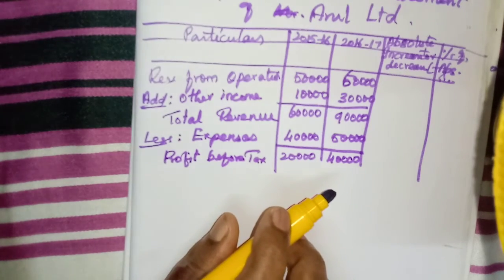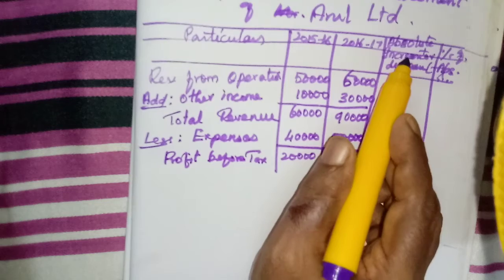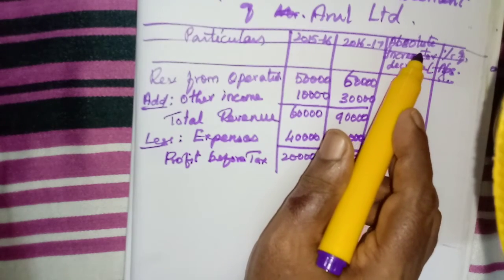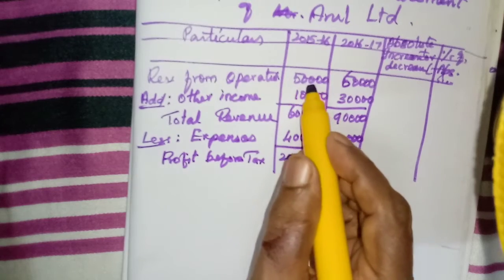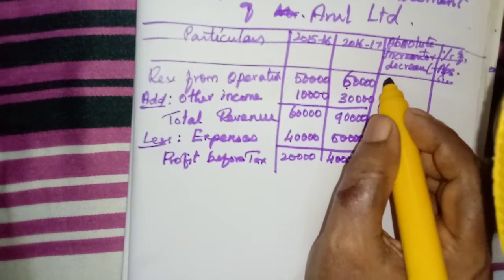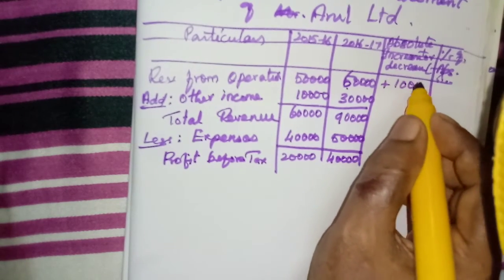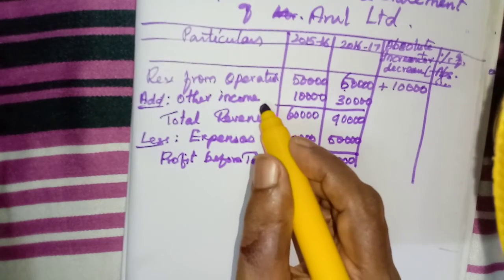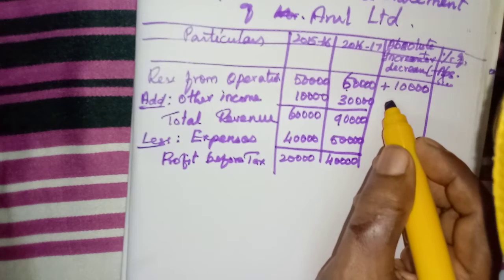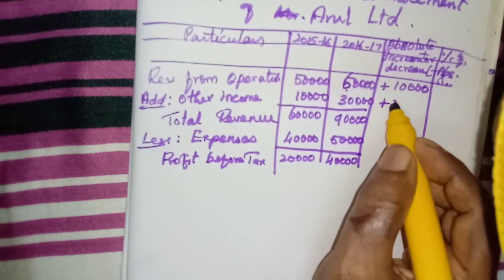Now we need the absolute amount of increase or decrease. Here 50,000 to 60,000, an increase, so plus 10,000. Here plus 20,000.